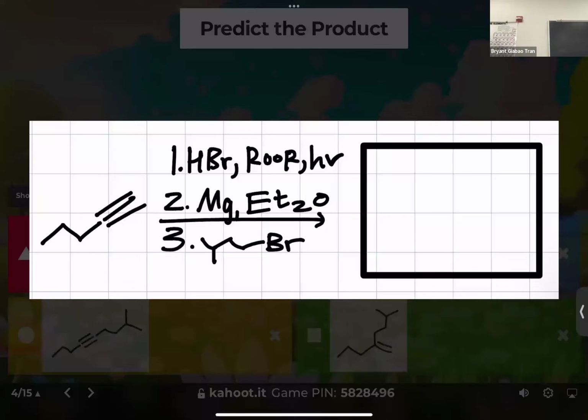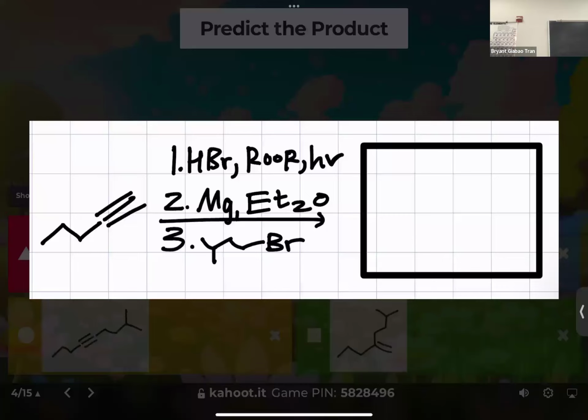Now, the next step, we put in Mg, which is an insertion reaction. The Mg here is just going to insert itself between that carbon and bromine, giving us this Grignard reagent here. If we have this Grignard reagent, what is the charge of this carbon attached to the Mg? Yeah, partial negative, which is our nucleophile.